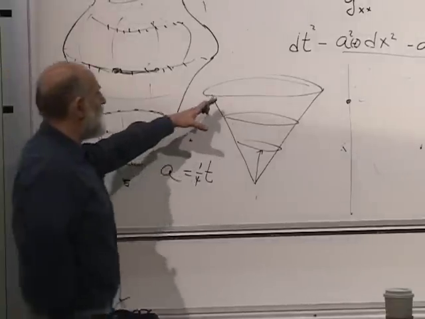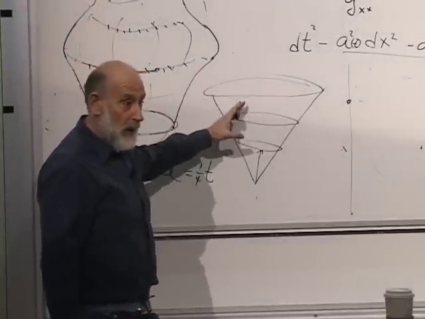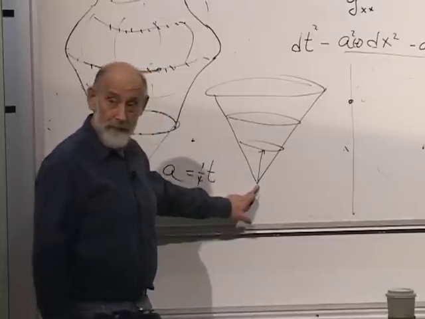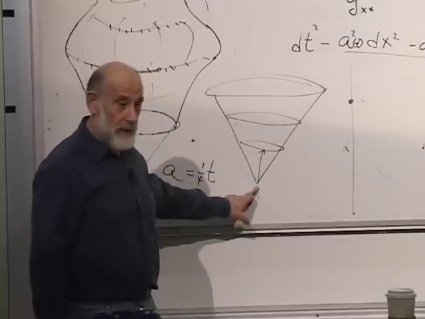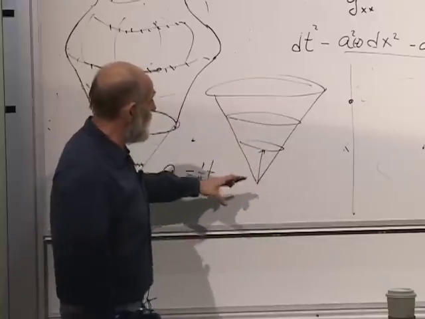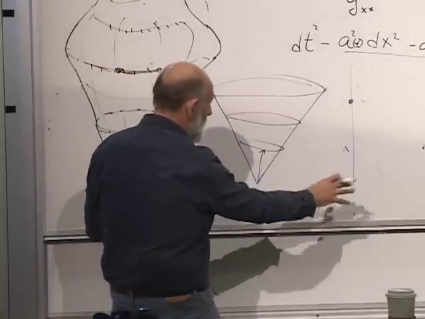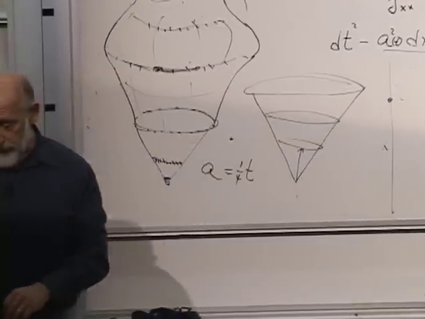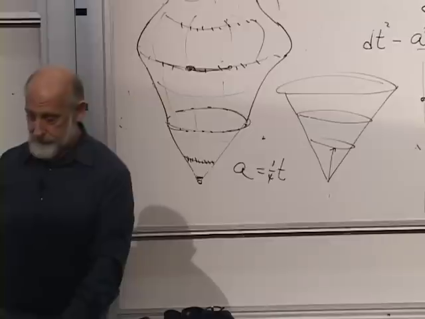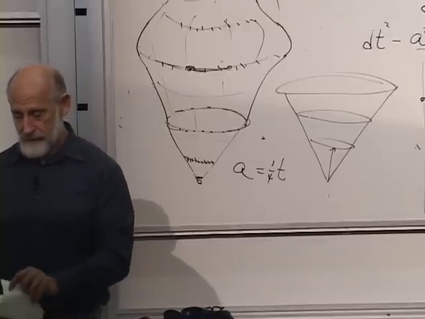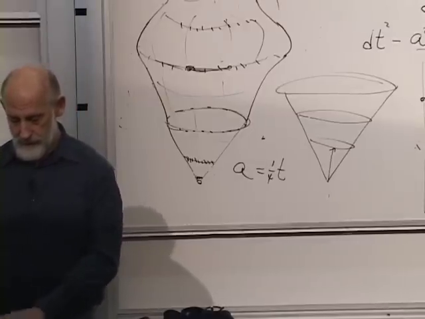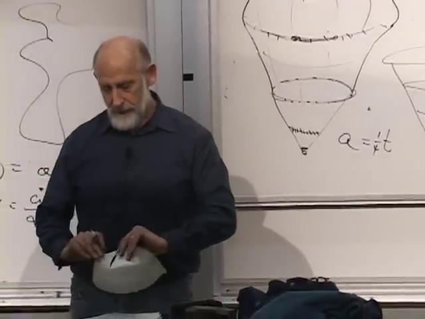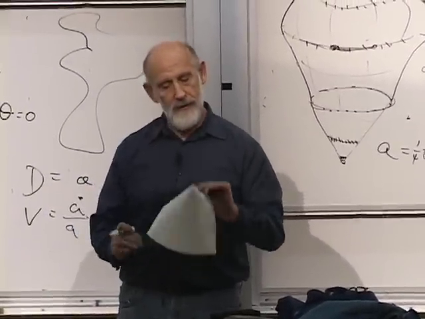Is this or is this not flat? As a space-time, it's not flat at the bottom, that's for sure. It's got a conical singularity there. But cones, if you slice them and open them up, are flat. All right, so a cone is flat. You make a cone out of a flat sheet of paper, it's the same deal as we studied last time, just by sewing the edges together.